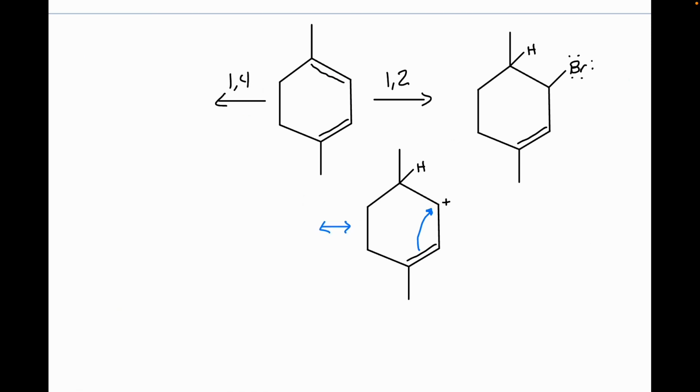So let's just draw that real quick so we can make sure to see. Okay, and so importantly, yes, that bromine is now 4 carbons away from that hydrogen. Oh, whoops, I didn't do what I said I was going to do.